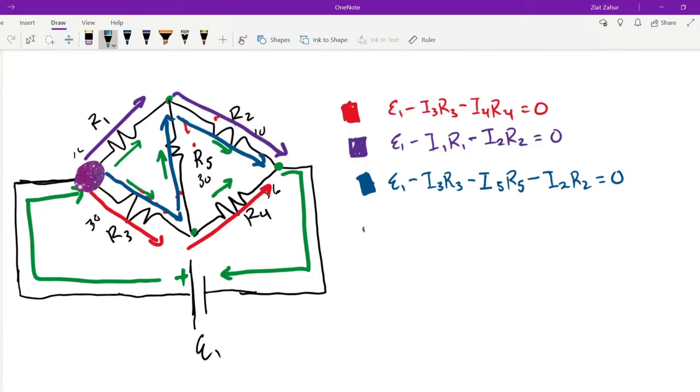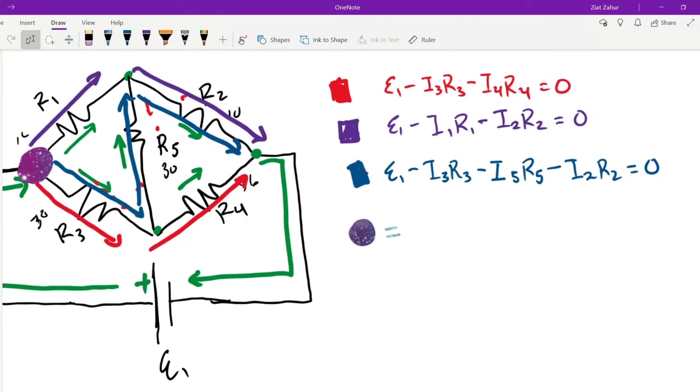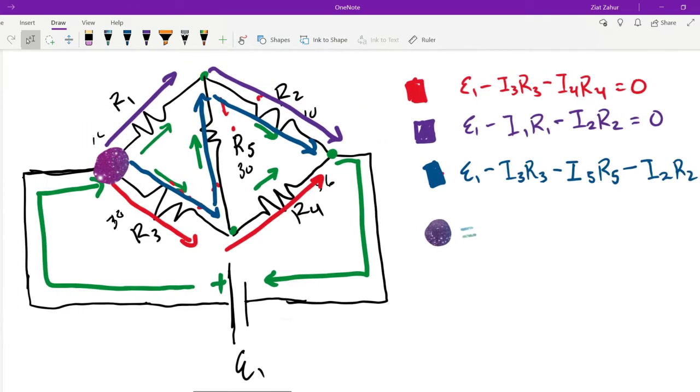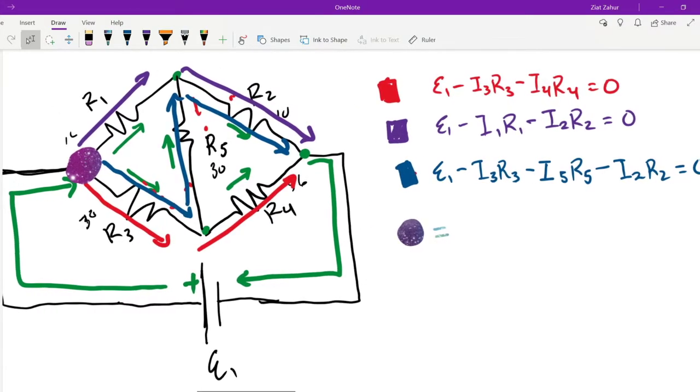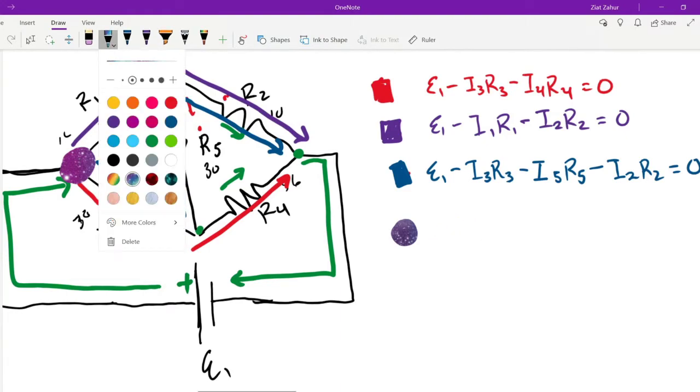Alright, so at the first junction, ooh, that's kind of hard to see. At the first junction, we have some current, the total current. We'll call this I total. I don't like this at all. Let's just use black.